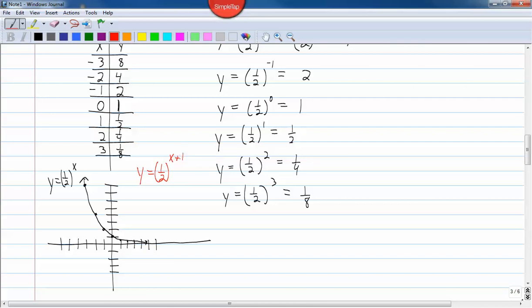So if you add something in the power up here, that shifts every point to the left 1 unit.